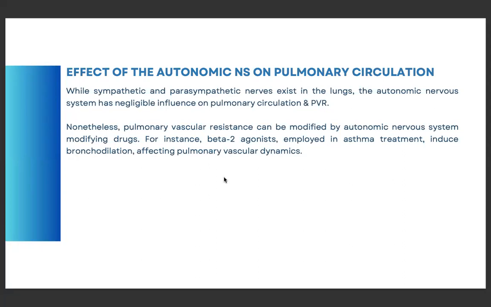Nonetheless, pulmonary vascular resistance can be modified by autonomic nervous system modifying drugs. For instance, beta-2 agonists employed in asthma treatment induce bronchodilation, affecting pulmonary vascular dynamics. So the most important thing to remember is that the autonomic nervous system has little to no effect on the pulmonary circulation. And that's basically it.